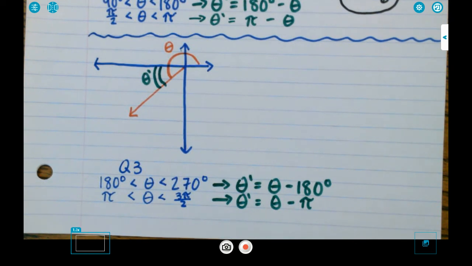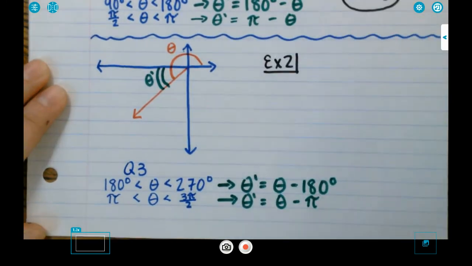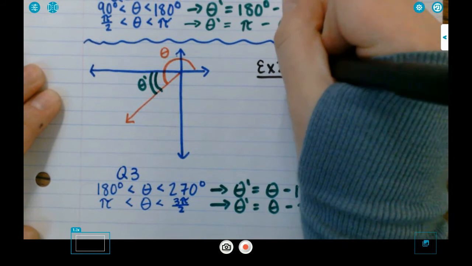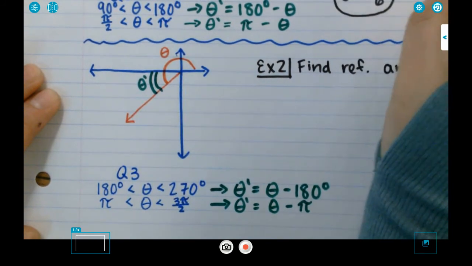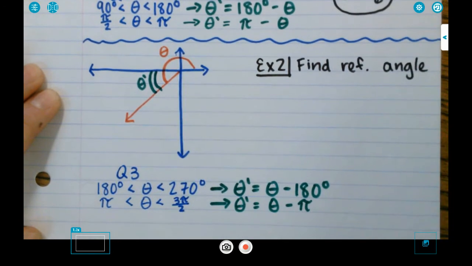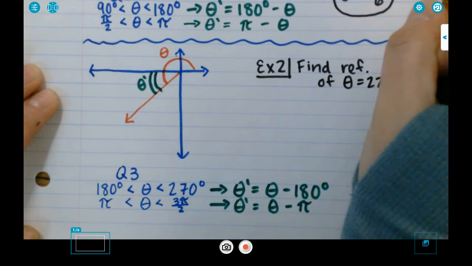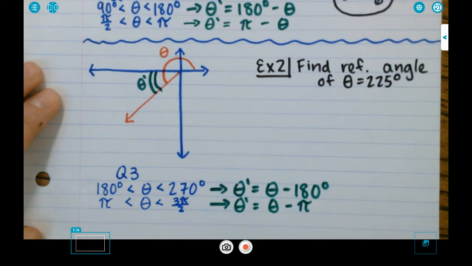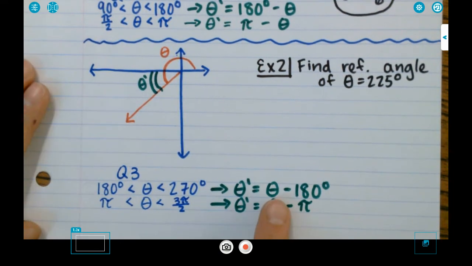Okay. Our second example, we're going to do an easy one. We're going to do a degrees one. We're going to find the reference angle of theta equals 225 degrees. So literally all we have to do is plug in theta, subtract 180.